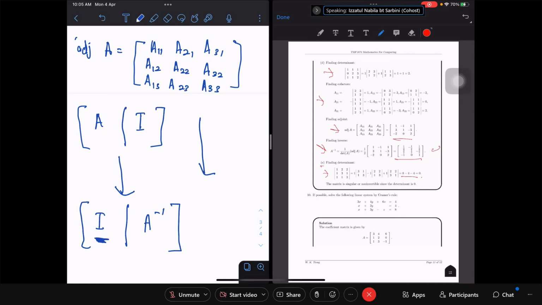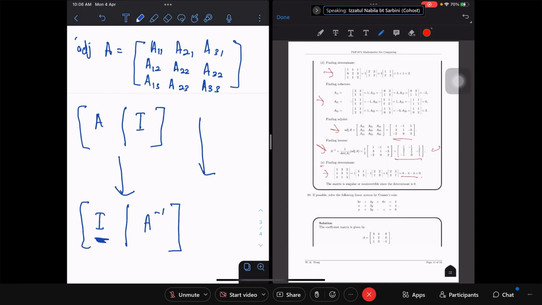That's why you start by calculating the determinant first, because sometimes the determinant is equal to 0. If it is 0, you know it is impossible to find an inverse, so you don't have to calculate the cofactors. You just write that the matrix is singular since the determinant is equal to 0, which means the inverse for that matrix does not exist. Okay?